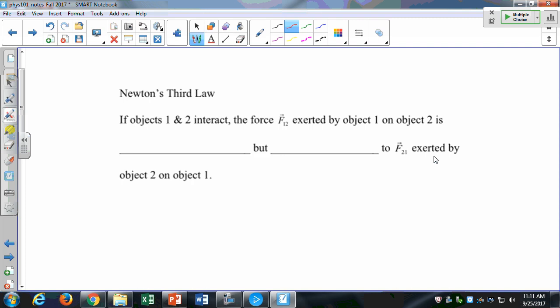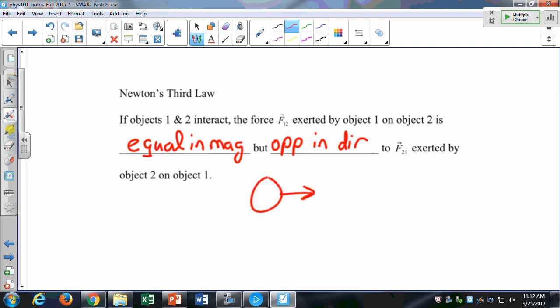So here, in words, if objects 1 and 2 interact, the force F12 exerted by object 1 on object 2 is equal in magnitude but opposite in direction to the force F21. And we've already seen that. Like I said, with Newton's universal law, we have one force in that direction, and we have another force that's equal but opposite. F12, F21.